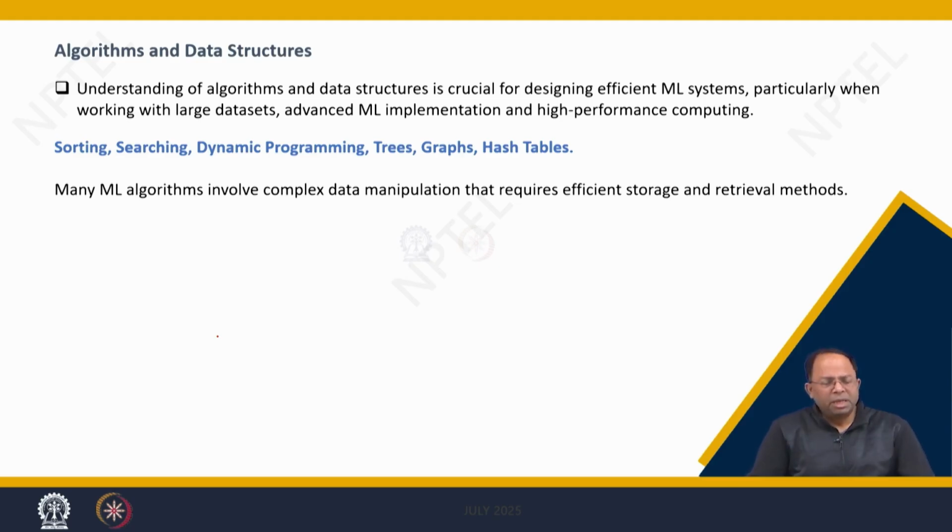Particularly in high performance computing, this becomes even more important. All this storage and retrieval of data involves algorithms and data structures, which help in dealing with all these different aspects, and that's why this is also part of understanding the basic foundational theories of machine learning.